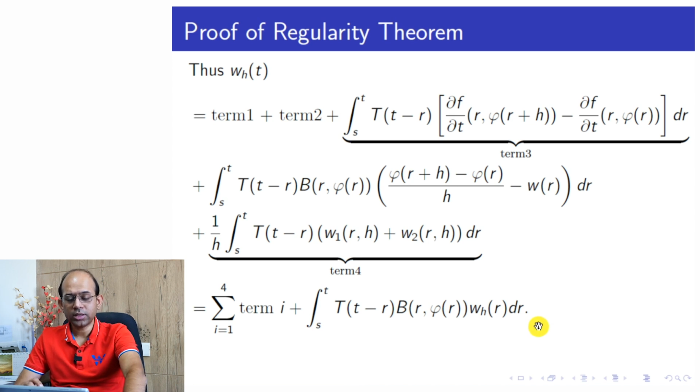Okay, so from here actually our main goal was to show that WH converges to 0. So from this I need to find out the norm of WH and need to show that the norm of WH goes to 0 as h goes to 0.